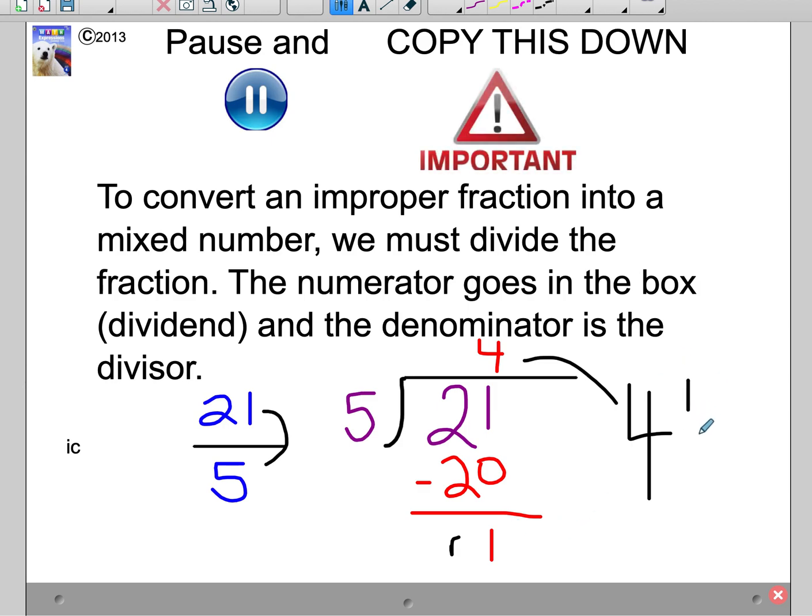So your numerator is going to be a remainder. That's how many left over. There's 1. And in what pieces are we talking about? The 5. The denominator will stay the same. Interesting, huh? So 21/5 is equal to 4 and 1/5.